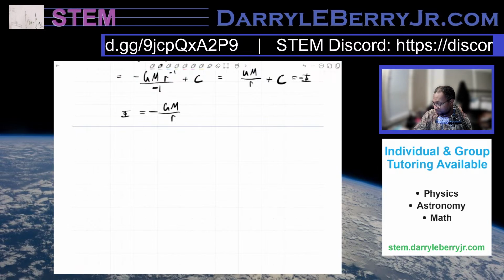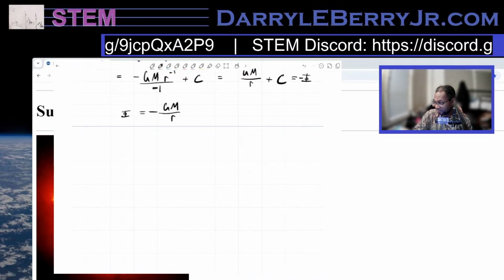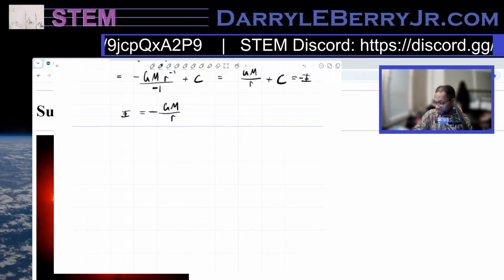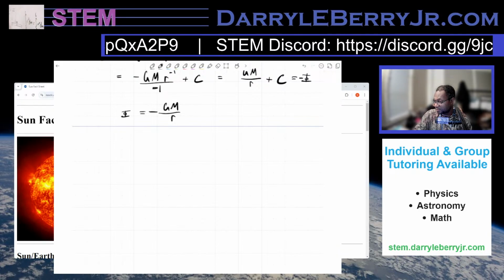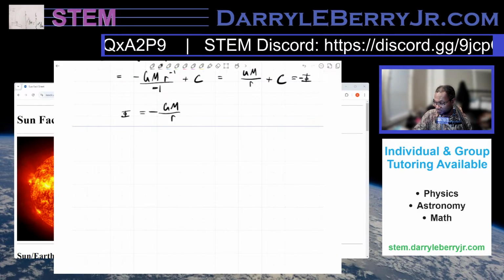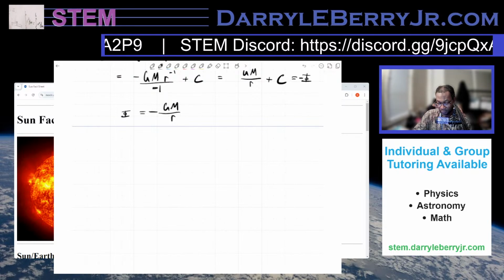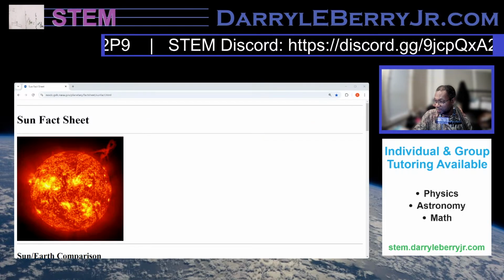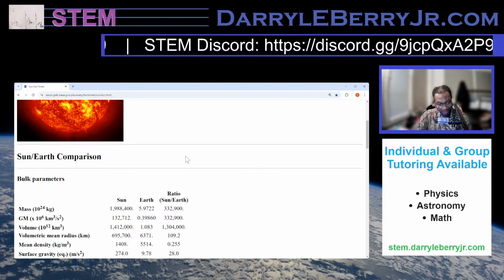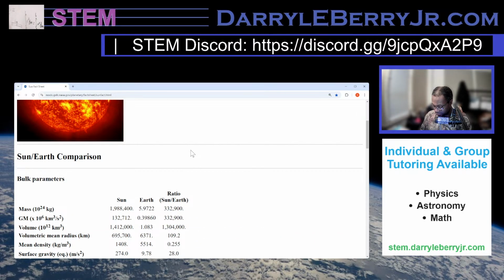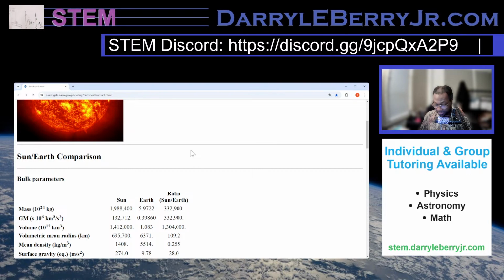Use it in astronomy, use it in physics. So let me position it real fast. Right, so this is the NASA sun fact sheet. There's some good stuff in there. And we want to calculate this for the sun's surface. So we need R and we need M.